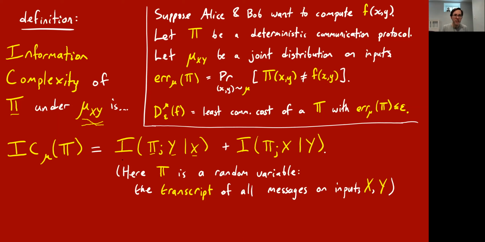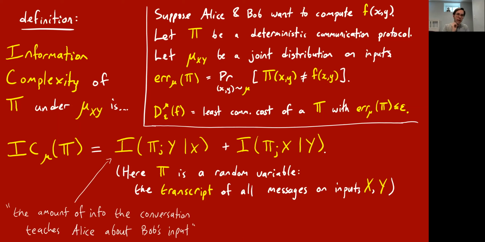Okay, and so this quantity, the conditional mutual information of pi and y conditioned on x, has an intuitive meaning. The intuitive meaning is the amount of information the conversation teaches Alice about Bob's input.